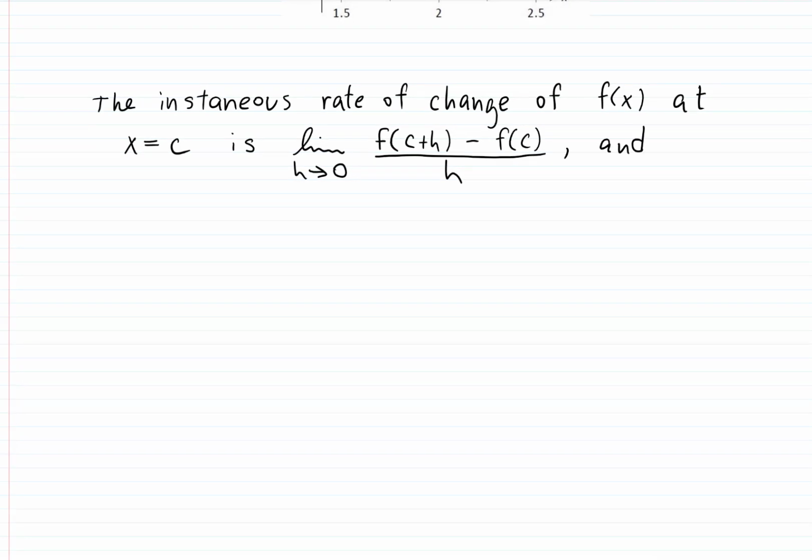And it is called the derivative of f at c.